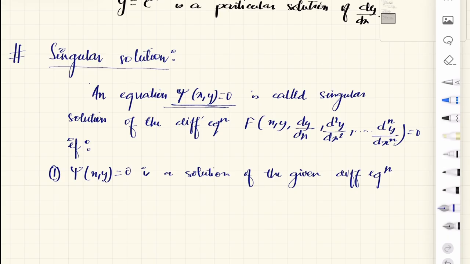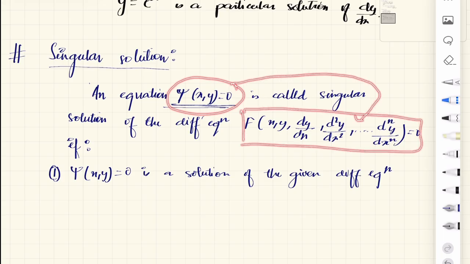When you are about to find the singular solution, we are going to say that this equation is the singular solution of this differential equation. So before we check anything, the first criterion is whether this is a solution of this differential equation. I'm not saying that this is a singular solution. I'm saying first, is this a solution of this differential equation or not. That is the first thing we need to check.